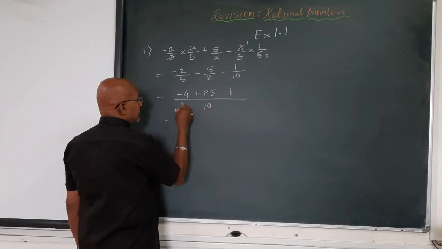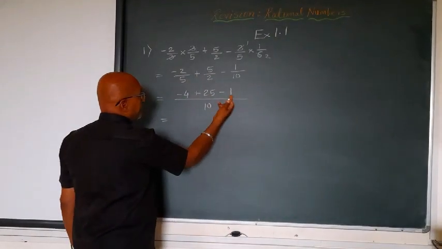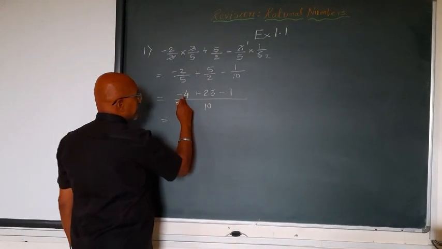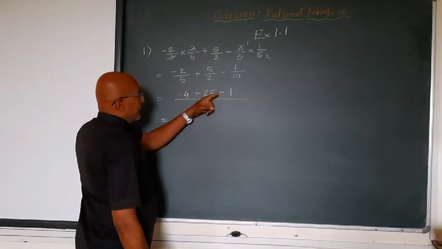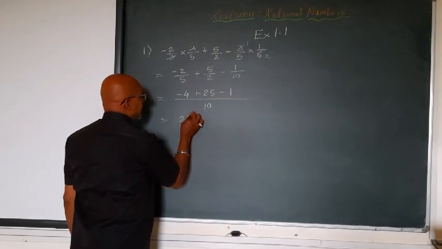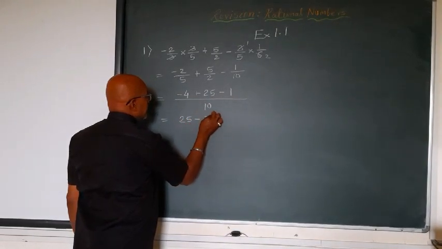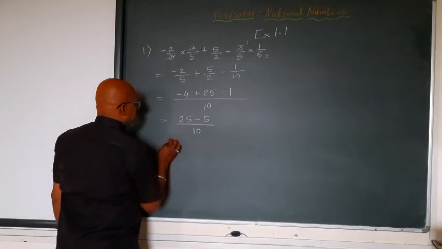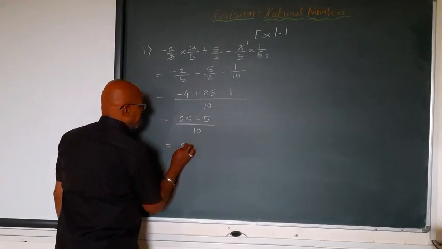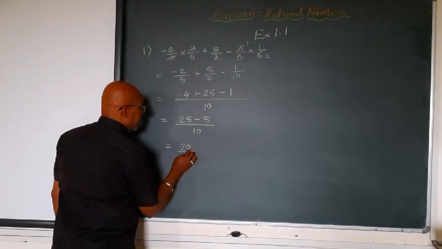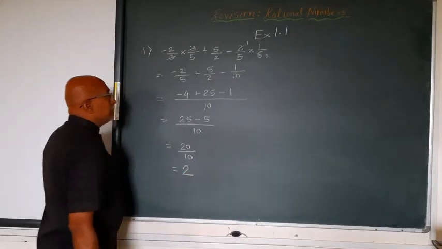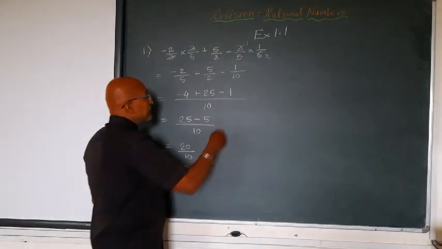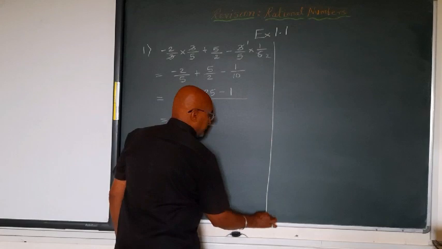So what we get, 25 minus 4 minus 1 means 25 minus 5, 25 minus 5 upon 10. The answer is 20 upon 10 equal to 2. So here we got the answer as 2 by solving this.